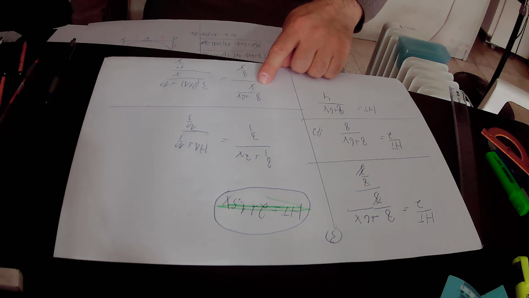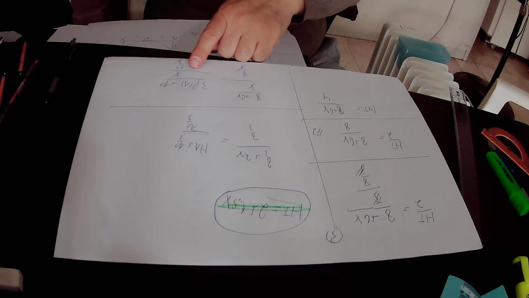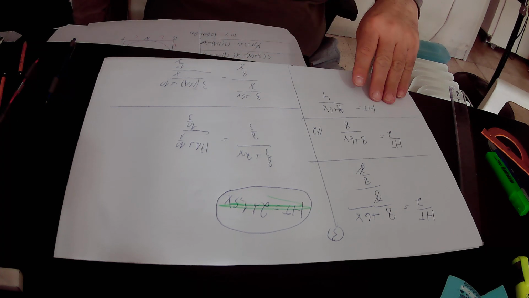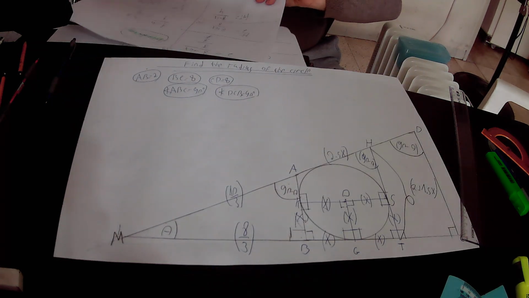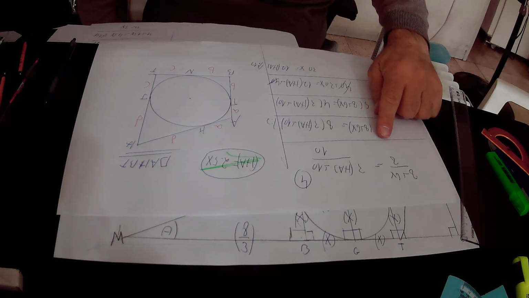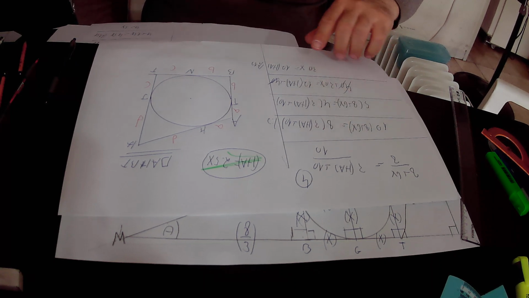Here we have 3 in the numerator and 3 in the denominator, so 3 will get cancelled. Here also we have 3 in the numerator and 3 in the denominator, so 3 will get cancelled. And finally found out that 8 plus 6x over 8 equals 3HA plus 10 over 10.